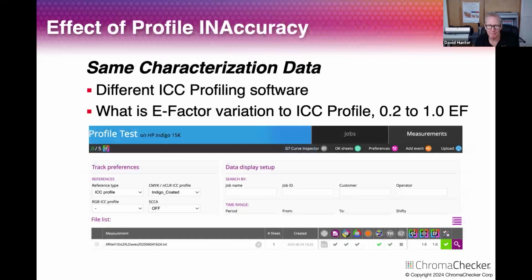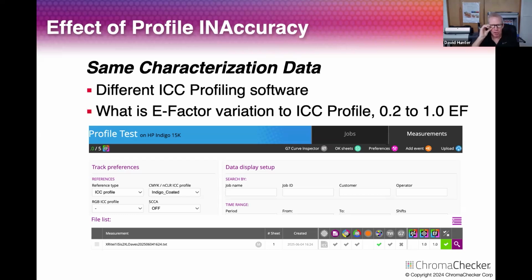Now, take a look at this one. This is the exact same printer with the same characterization data set, meaning the profile for the HP that was built in the last one was built from the same data that a secondary profiling program was used to build a profile. And just due to the inaccuracy of the profile, with the same data, the same characterization data set, it's a 1 E factor versus a 0.8 E factor or a 0.2 E factor.